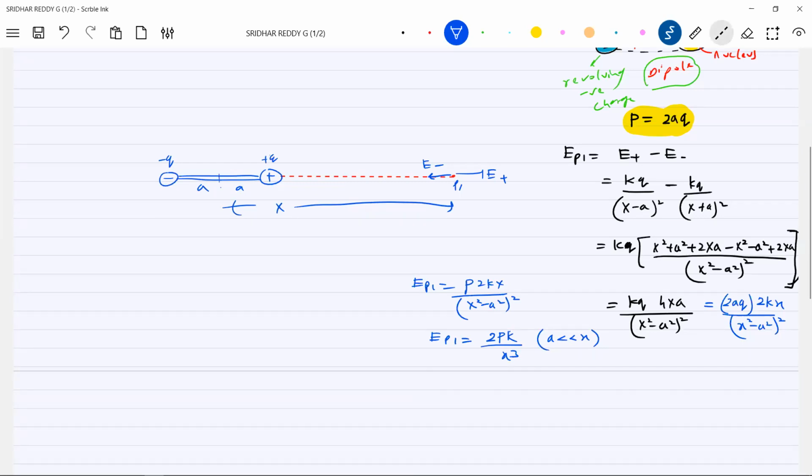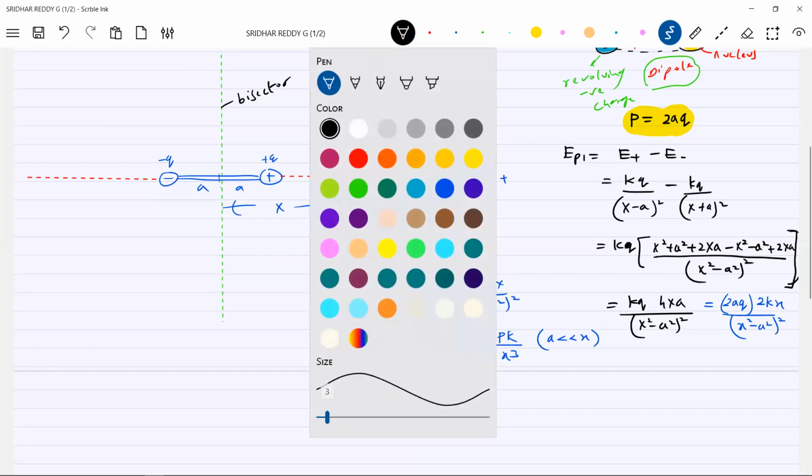We'll give some specific names for these. We'll call this the axis of the dipole. This is called the bisector. Okay, agree?